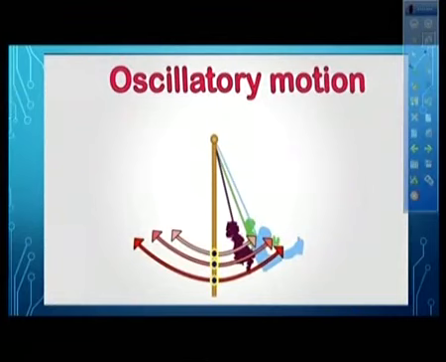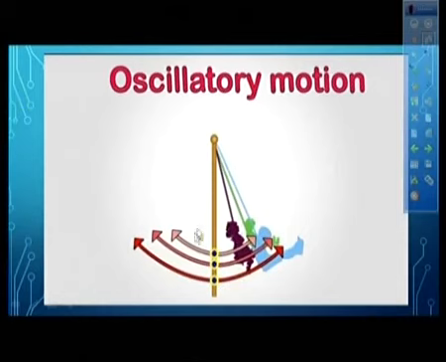I think in your childhood you all must have played with a swing. Then your swing moves back and forth. Back and forth means that when you swung, it went forward and also backward from a fixed point.